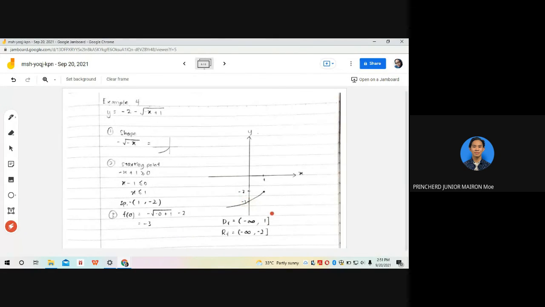To determine the domain, since we know that the graph could be stretched to negative infinity, it will start from negative infinity and end at 1. For the range, you could stretch the graph until infinity going down below. So the graph starts at negative infinity and it ends at negative 2.